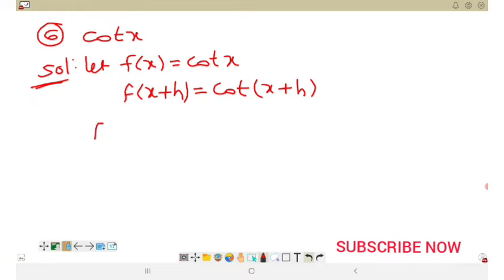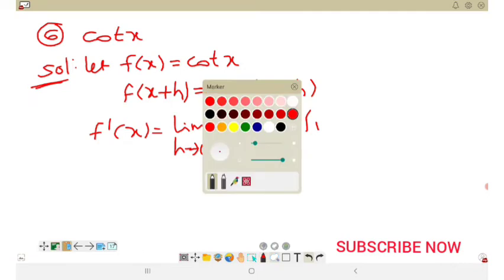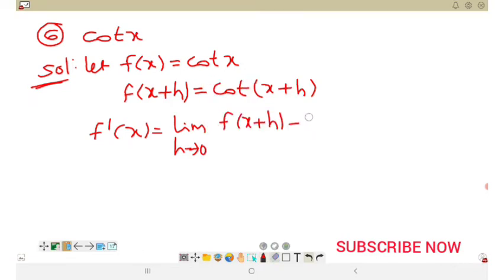Now the first principle is f dash of x is equal to the limit h tends to 0 of f of x plus h minus f of x by h.